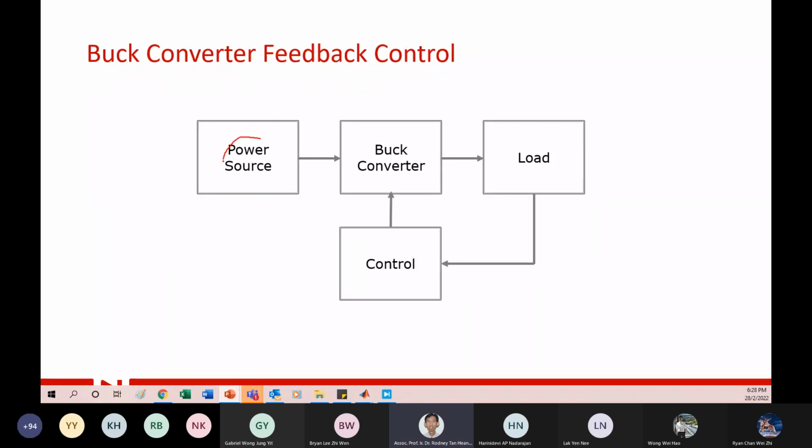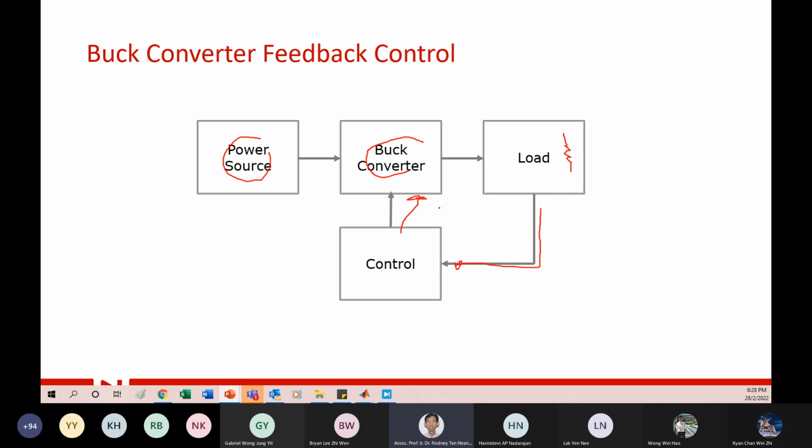We have a power source with a buck converter, we have a load, and then we have a feedback control to the buck converter. Now, most commercial buck converters are in this manner.